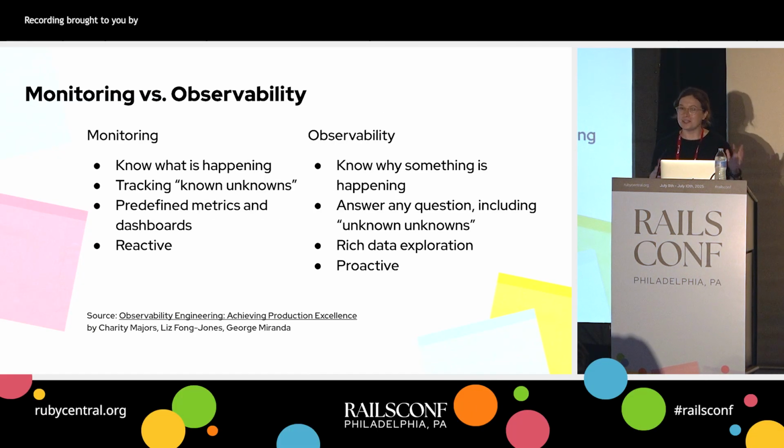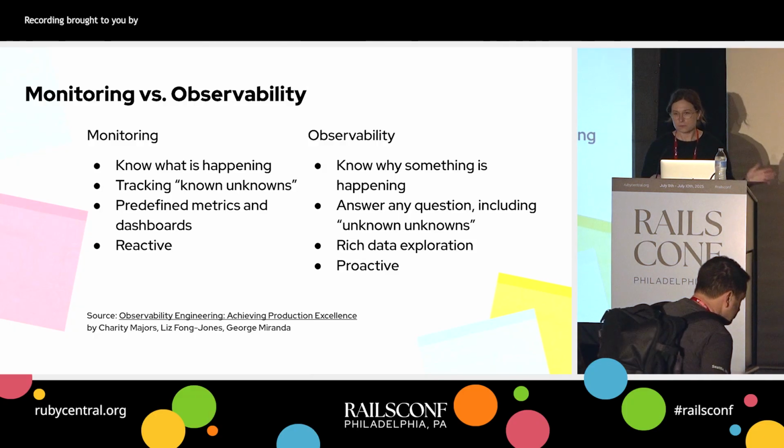Now, there's a lot of debate in the observability monitoring world right now about terms and which terms are best. So, monitoring is seen as the old way of doing things. You know what's happening, you know what could be problems, and you track for that. You have very predefined metrics and dashboards, and maybe we'll deploy changes to your application with additional logging if you have problems.